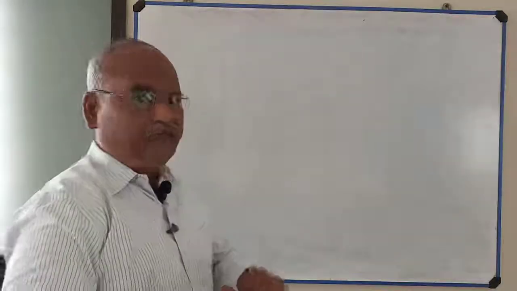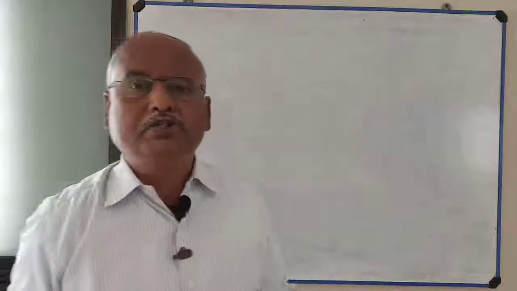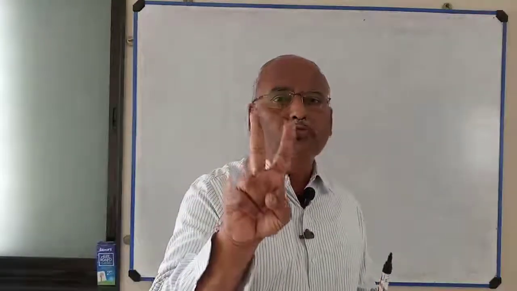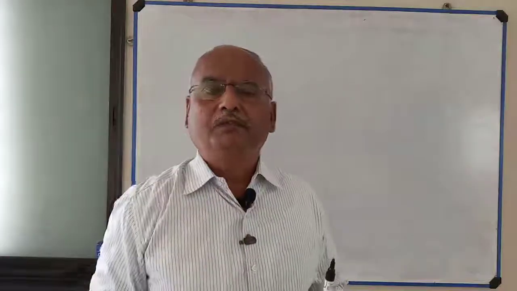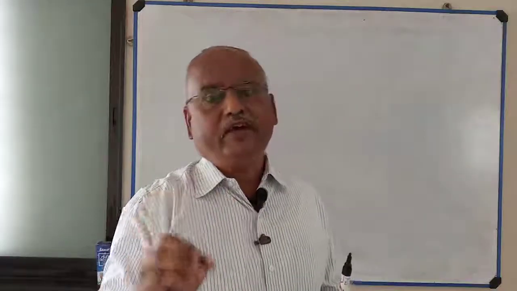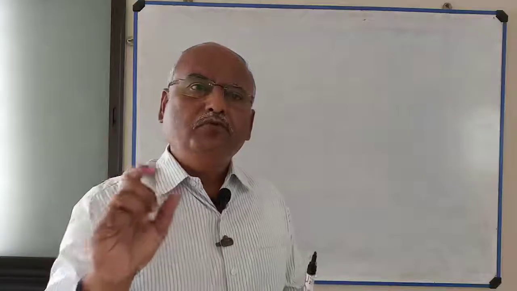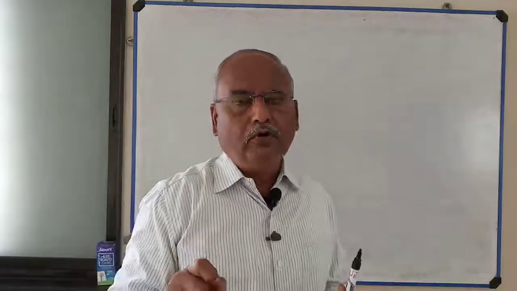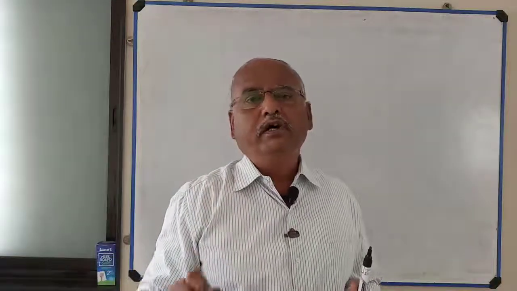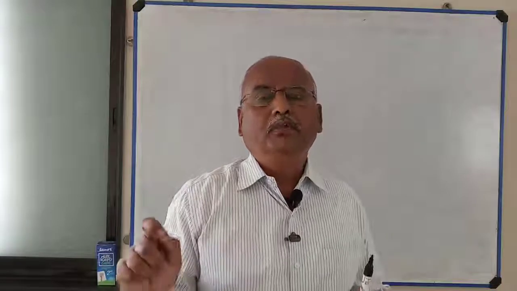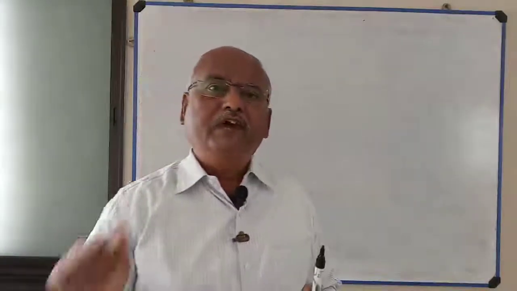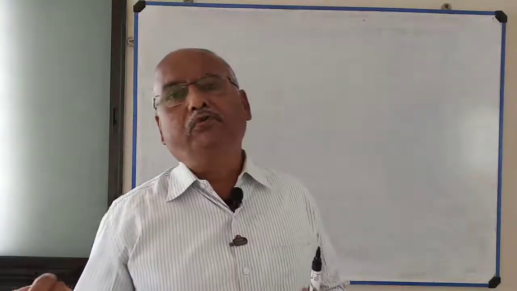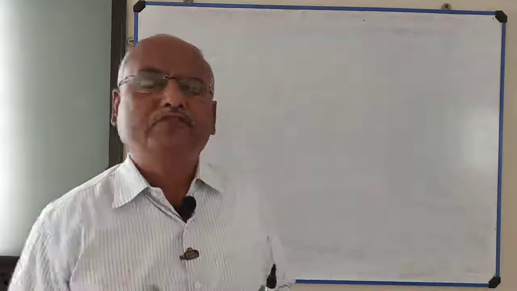For estimation of nitrogen, there are two methods: one is the Dumas method and the other is the Kjeldahl method. In today's video, we are going to learn the Dumas method. The Kjeldahl method I am going to explain in the next video.